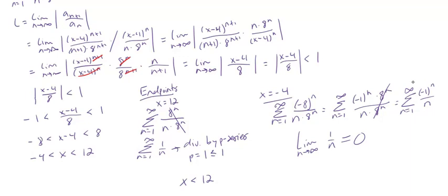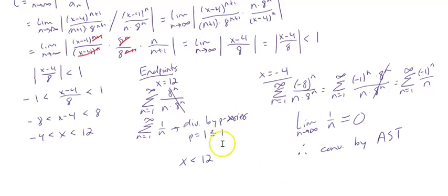So that tells me that this piece converges by the alternating series test. So what I'm going to do in my interval, remember I tested both the endpoints, I'm going to write negative 4. For the negative 4, I write less than or equal to because I want to include it.